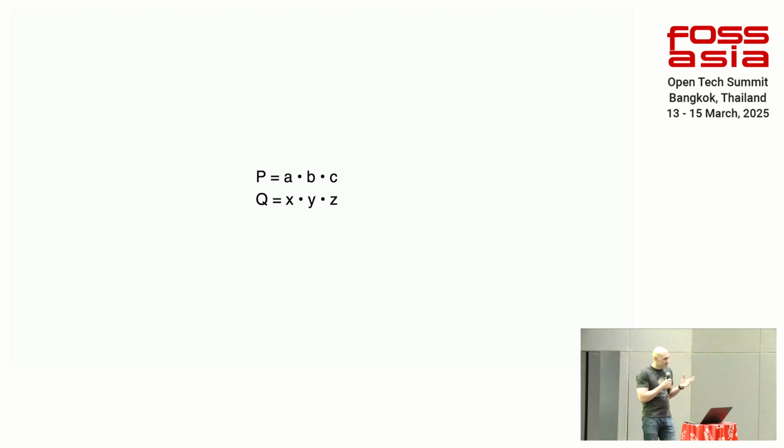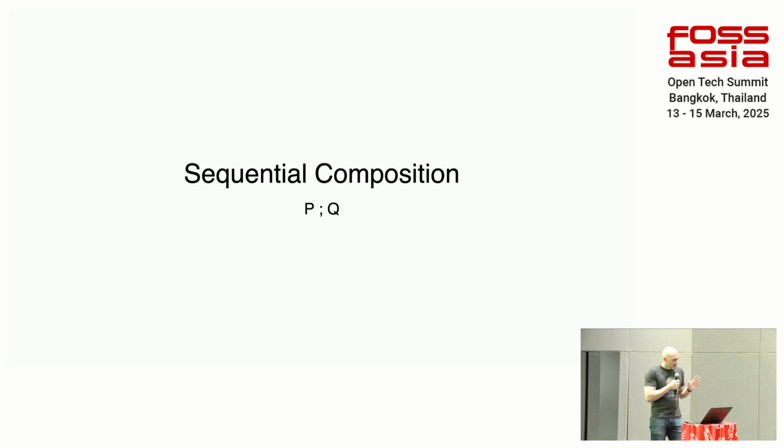Now, let's consider a simple, very abstract example to develop an intuition. So let's argue we have two processes, P and Q, each consisting of just 3 actions, 3 steps. So first, let's introduce sequentiality. The defining characteristic of sequentiality is total order and total application.